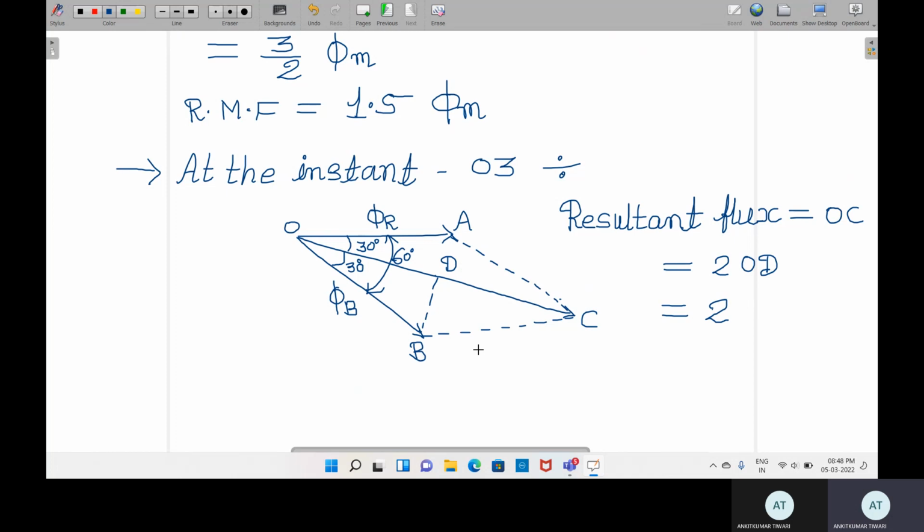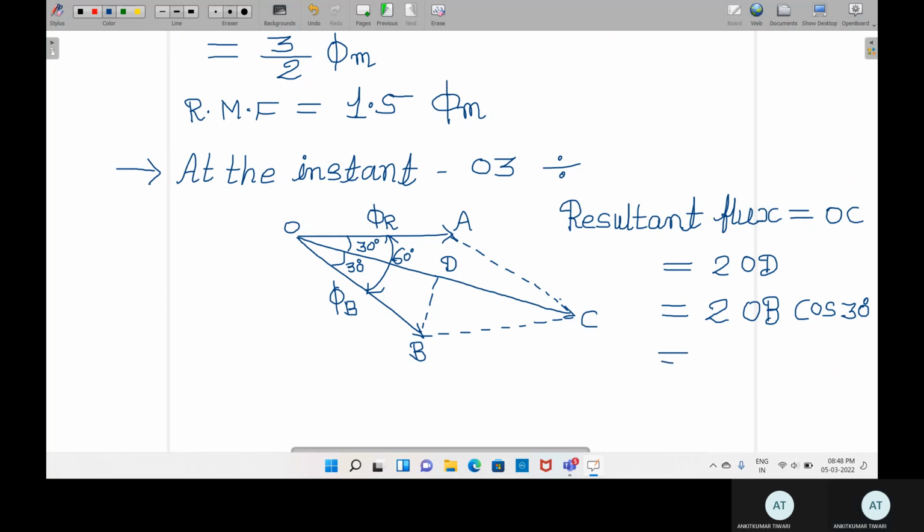OD is parallel to the OB. So earlier we were taking OA, now we will take OB. Both are the same, quantities will be the same. The angle between OD and OB is 30 degree. So 2OB cos 30 degree.